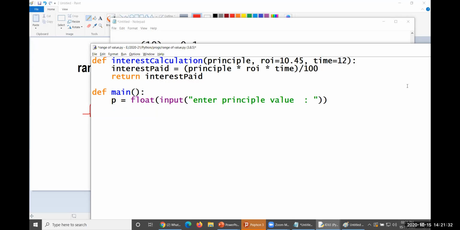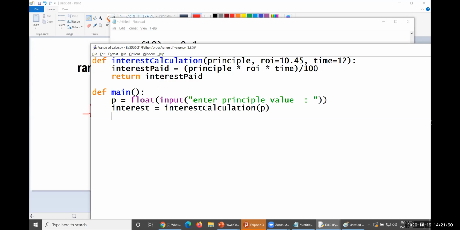Now some value, amount. Interest will be equal to interest calculation, let me copy this one for a while here. Interest calculation of, I'd like to pass only one parameter, that is P, nothing more than that.